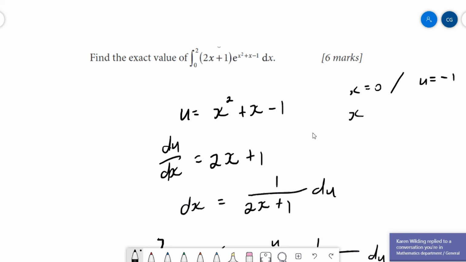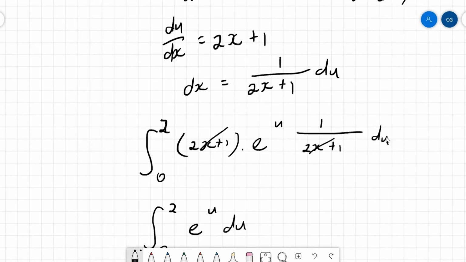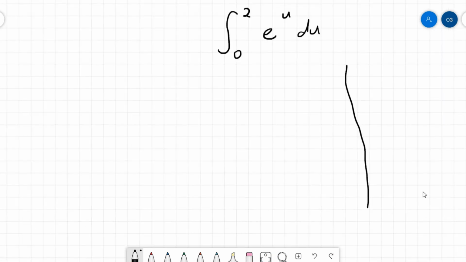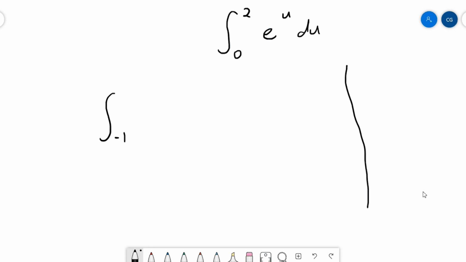If x is equal to 2, what is u going to become? u will become 2 squared, which is 4, plus 2, which is 6, minus 1, which is 5. So my new lower bound is minus 1, and my new upper bound is 5.